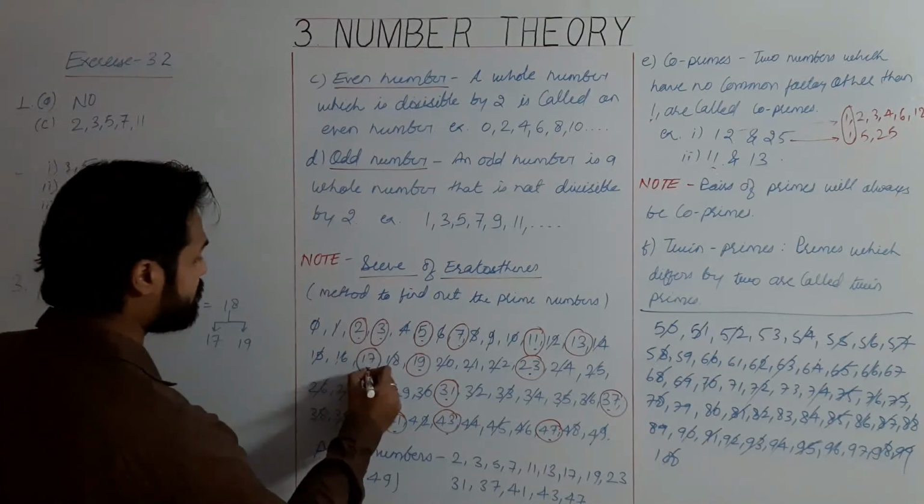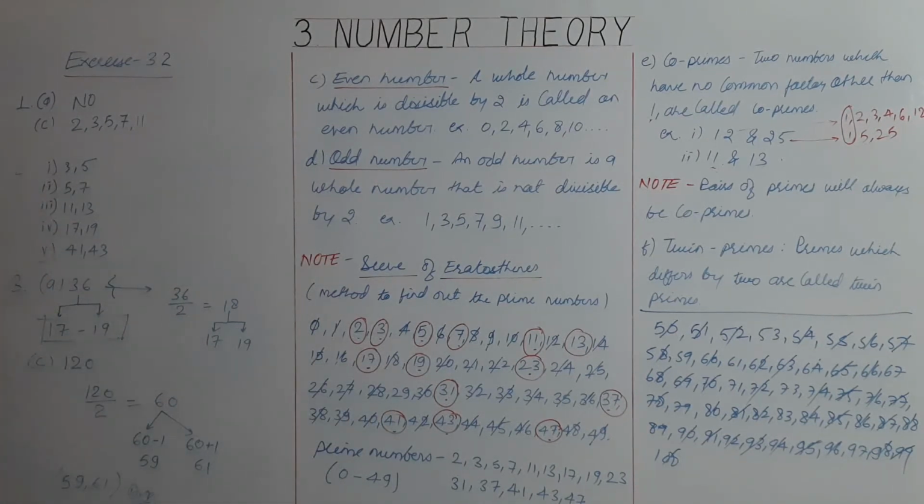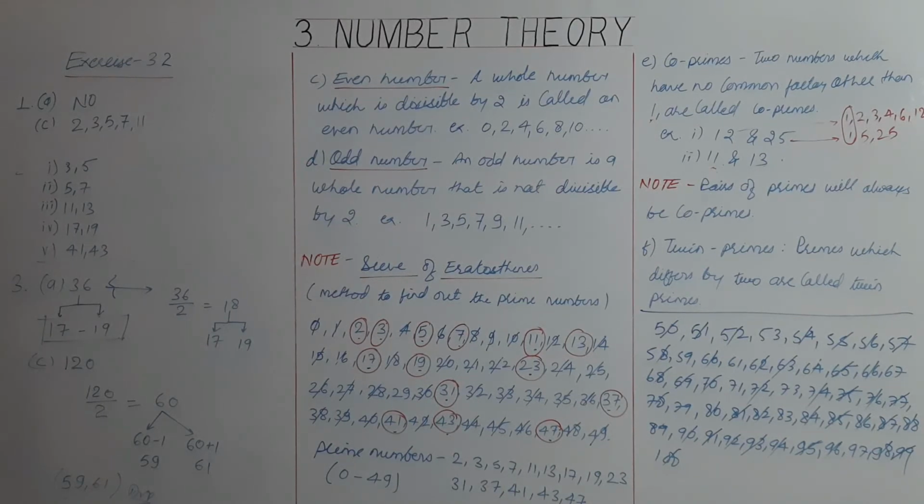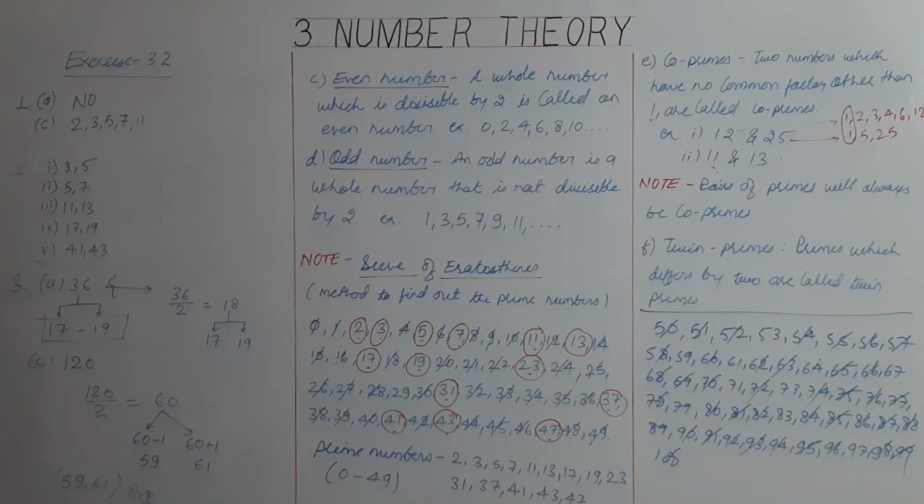Then the next number is 17. Multiples of 17 after 49 are 51, 68, and 85. Next number is 19.